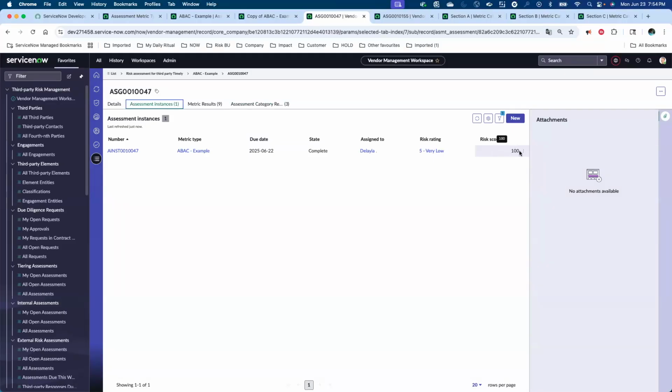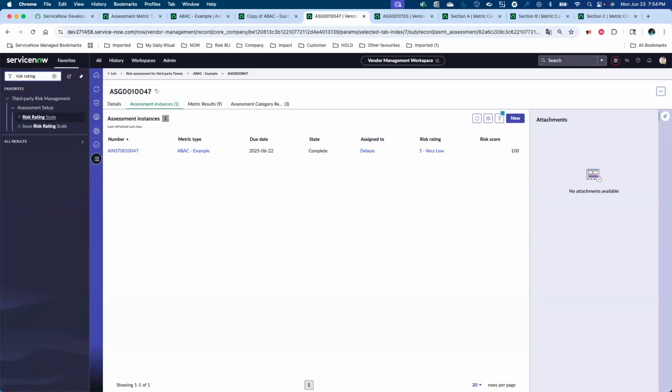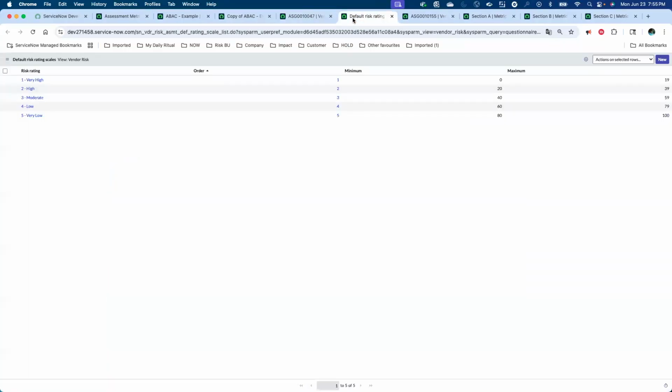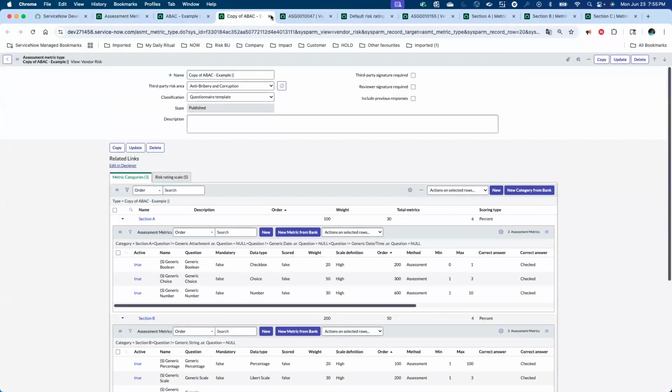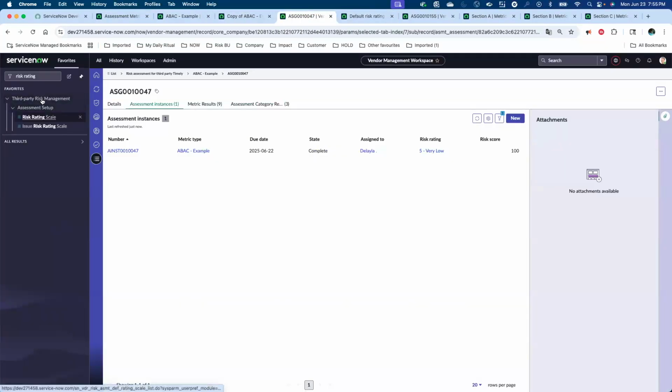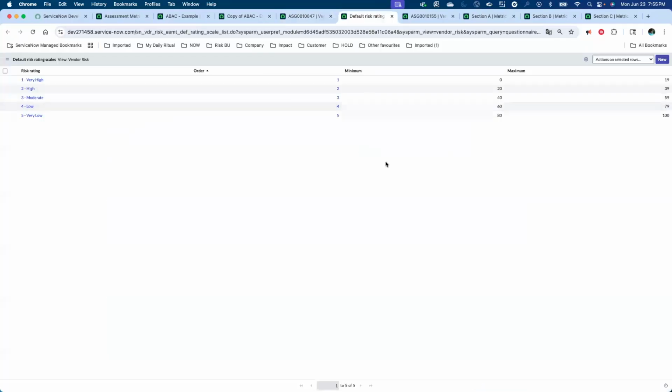Now a category score of 100 is very low, and that is based on the risk rating scale. Remember that the risk rating scale used over here is the risk rating scale under assessment setup. So we just went to third-party risk management, assessment setup, risk rating scale, and between 80 to 100, the value should be 5, very low.